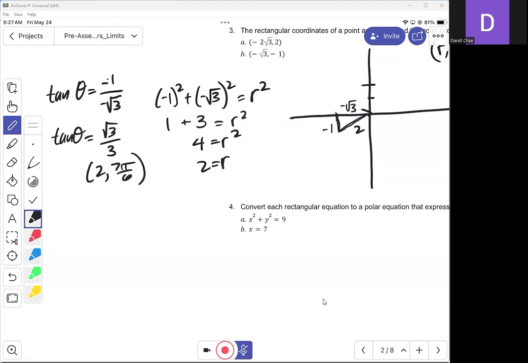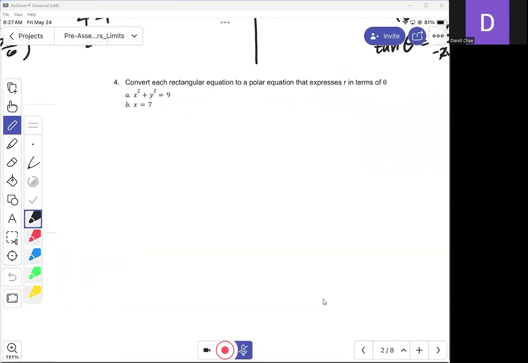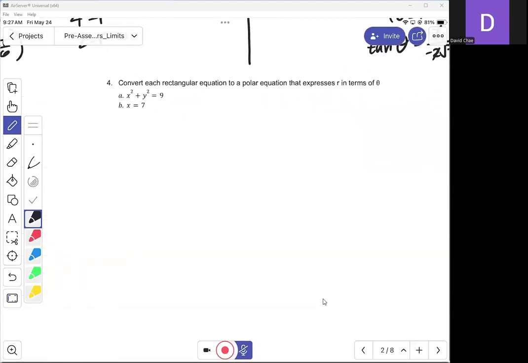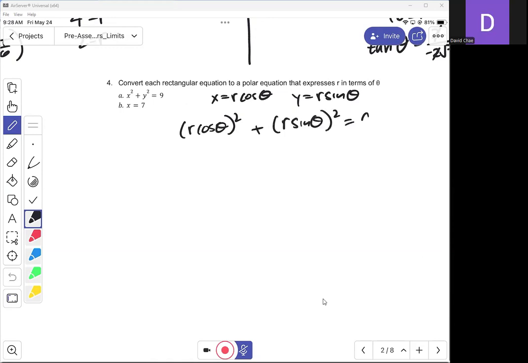Okay. Number 4 is convert each rectangular equation to a polar equation here. All right. So here we go. We're going to remember x is equal to r cosine theta, y is equal to r sine theta. So it's r cosine theta squared plus r sine theta squared is equal to 9.